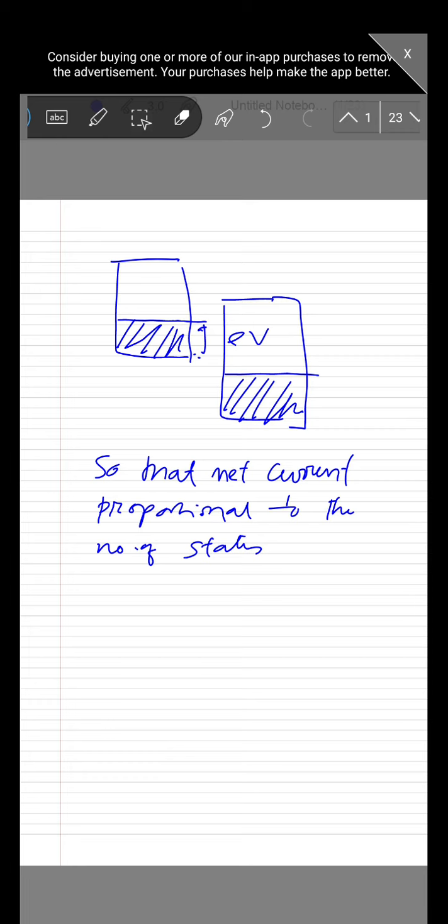And so the net current I will be equal to N times eV, where the number of states is dN by dE into eV.